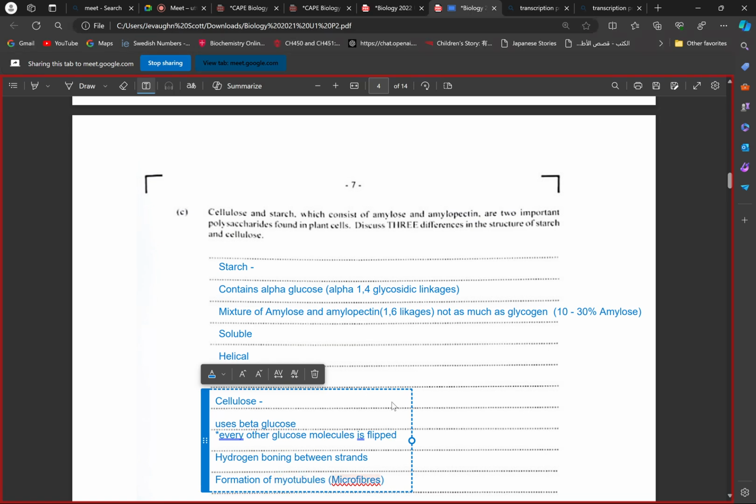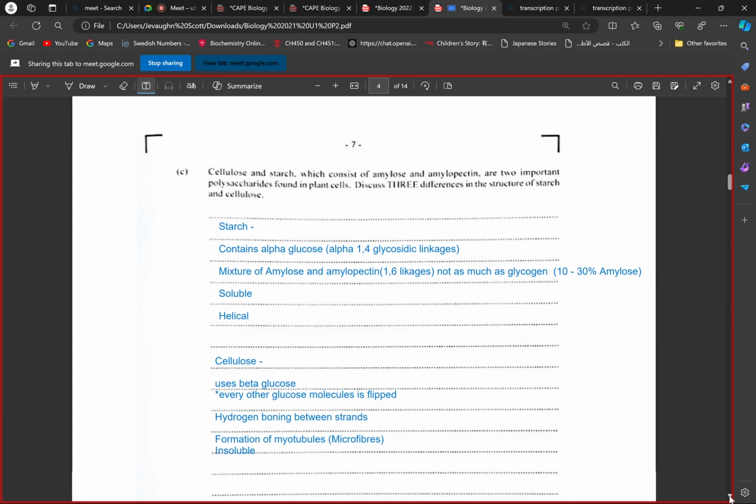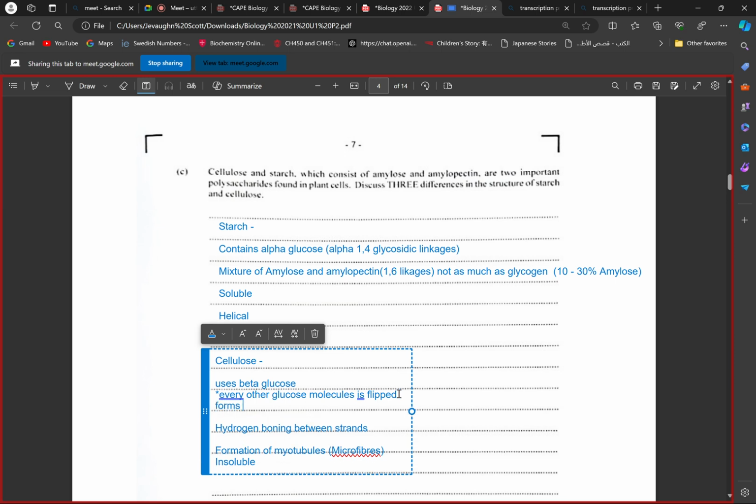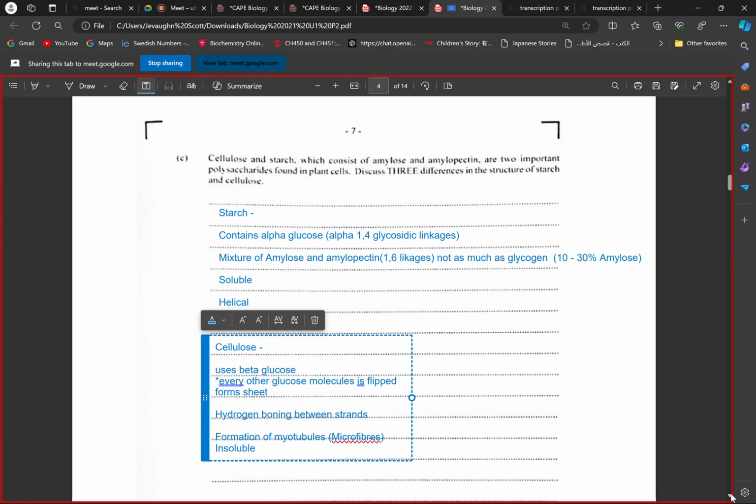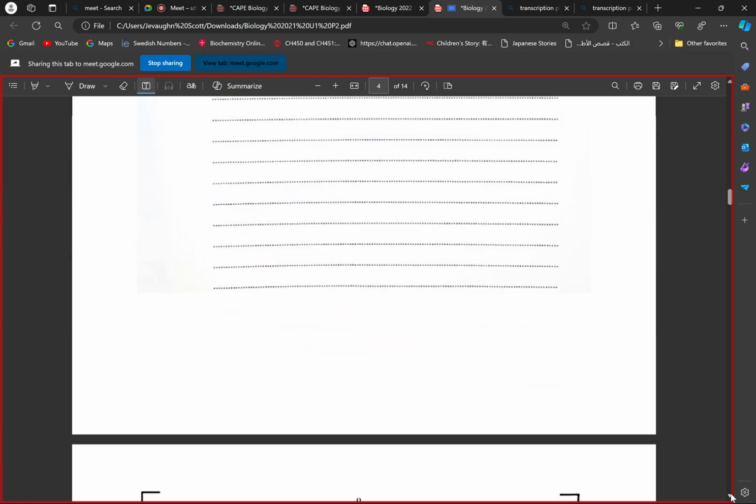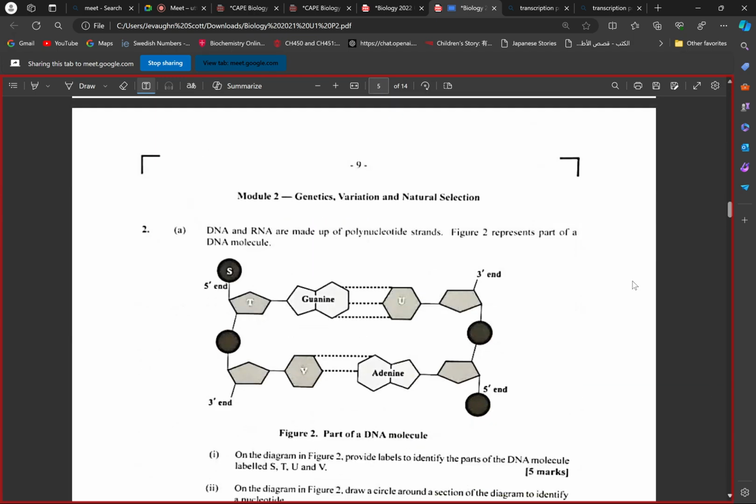What else could we state? It is insoluble. So we'll talk about those type of things. You should be able to find three differences there. They're sheet-like in structure. They form sheets, and then the sheets will wrap into microfibers. Alright, that's it for that question for Module 1.